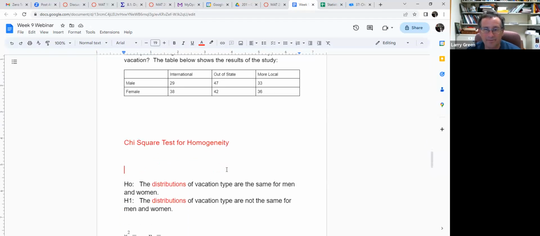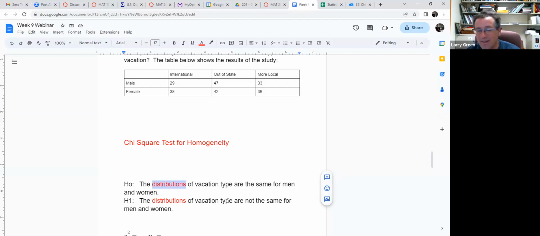All right, so here's the H naught and H1. H naught is the distributions of vacation type are the same for men and women. Notice here, unlike chi-squared for goodness of fit, where it had distribution, this one has distributions, because we have two different distributions.